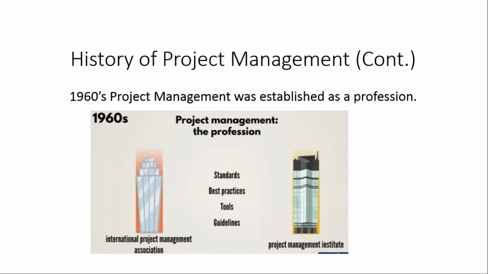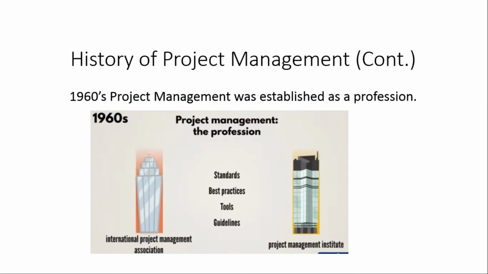There are two associations that were also founded. One is the International Project Management Association, and the other one is the Project Management Institute. Right. The goal of these two associations was to develop the project management disciplines and to establish standards, best practices, tools and guidelines.